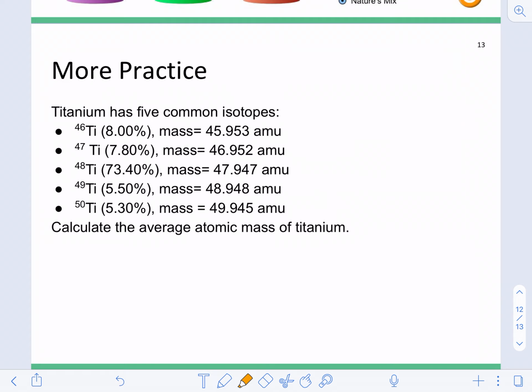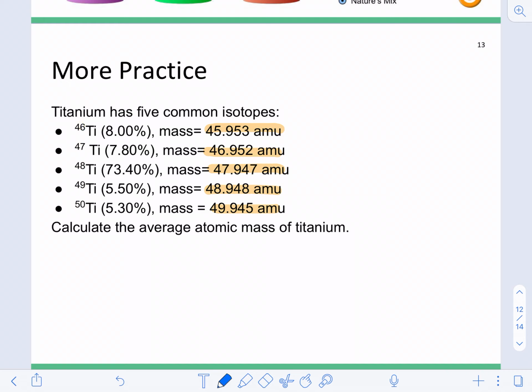All right, so that means that when you write this out, you should have 5 sets of parentheses. The other thing you should notice is that, yes, we have whole numbers here. However, we do have more specific masses. So these guys, the ones on the right, are what you should be using, not the whole number masses. All right, so use the highlighted masses. I'll take those away.